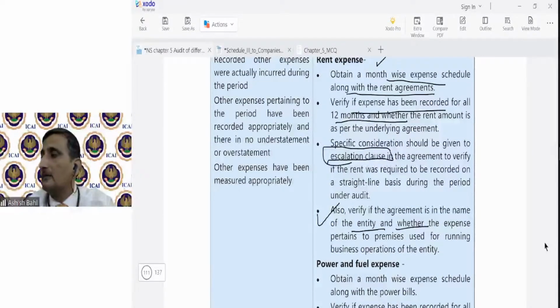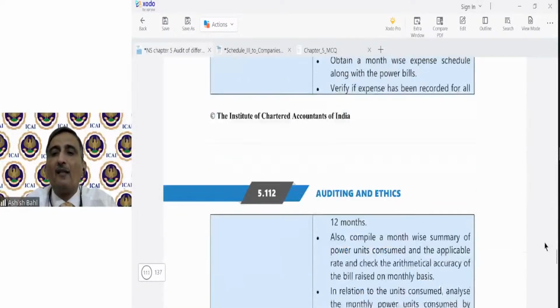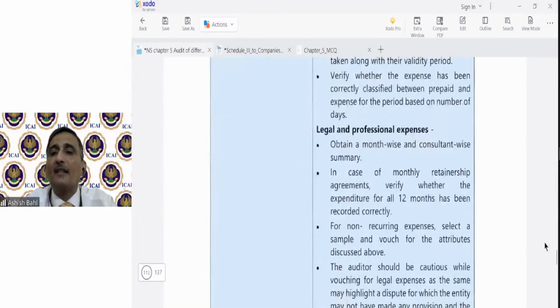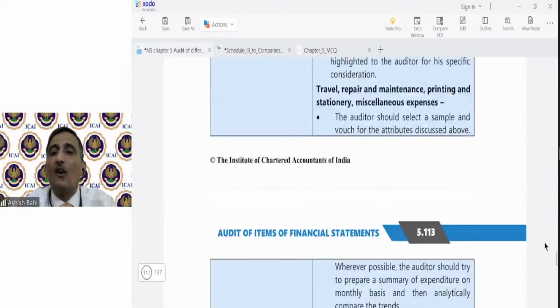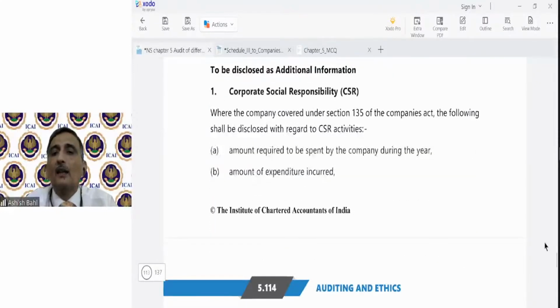Okay. So similarly for power and fuel expenses, insurance, legal and professional, all these things we have discussed, students. Now, some additional information.